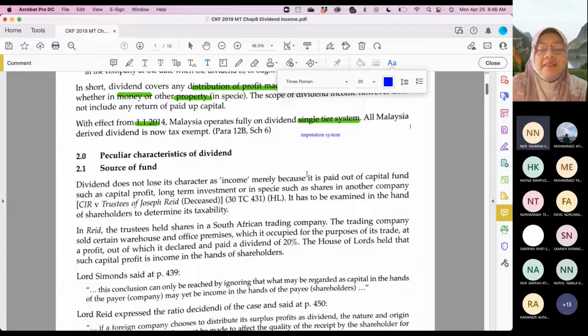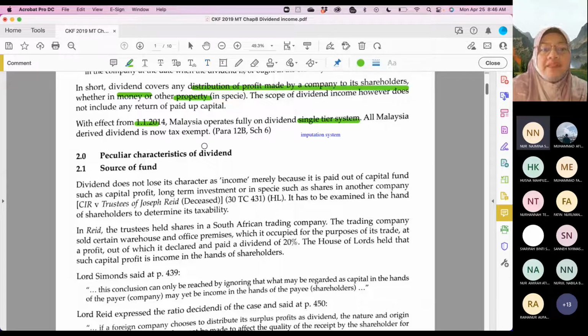Under the single tier system, it says that all Malaysia derived dividend is now tax exempt. I'm a bit in disagreement with the statement here. When you say tax exempt, it means you don't have to pay tax on the dividend income. But that's not what actually happens. If you are in my class, you know that I normally don't say the dividend income is exempted, because later you see that it's actually being taxed.